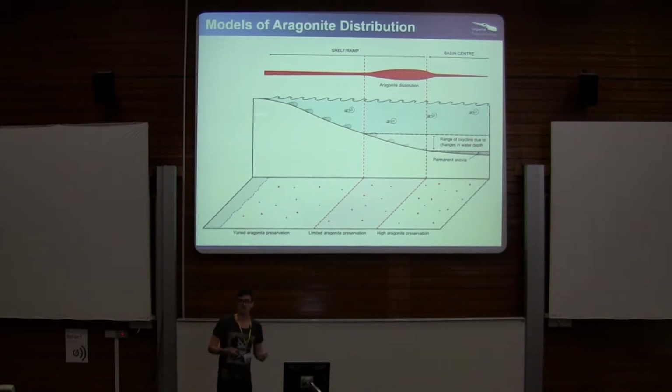Then with any sort of changes in environmental parameters or rise and fall in sea level, this zone will vary up and down in the water column and thus intersect the seafloor in different places, potentially over time leading to a zone of enhanced aragonite dissolution compared to calcite, which would be stable throughout.